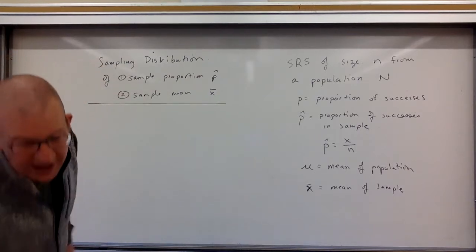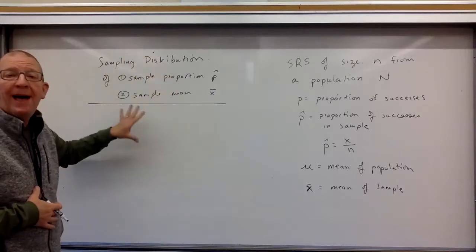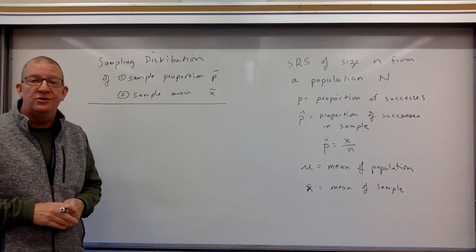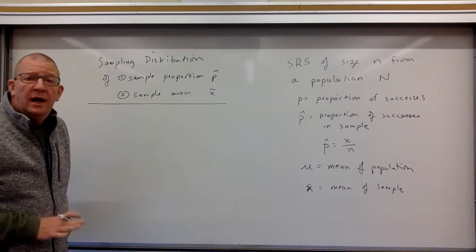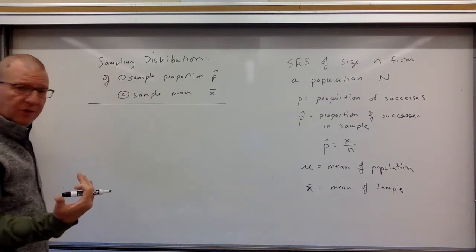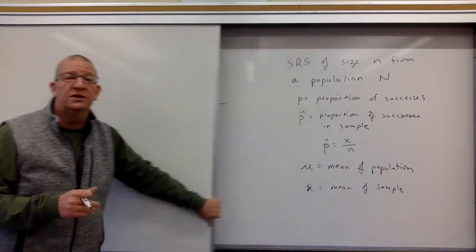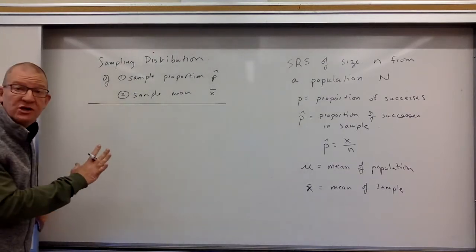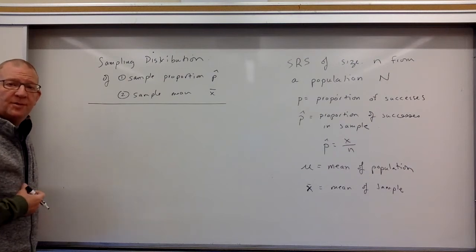And so we're going to have some ways to talk about the sampling distribution. And that's basically what we do. Let's get down some key formulas that you need to know as we work through this. So if you don't have this information, pause it, get this down, and then let's get some formulas out there.